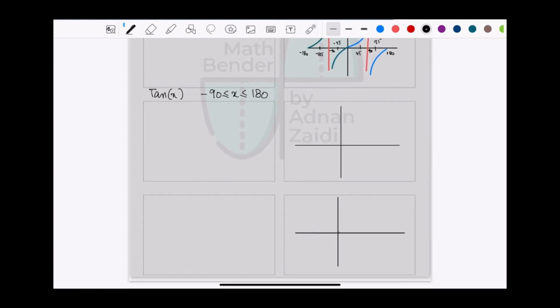So for negative 90 to 180, this is positive 90 and this is negative 90. I'll draw the asymptote line.